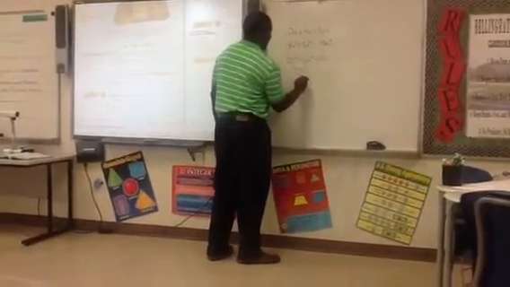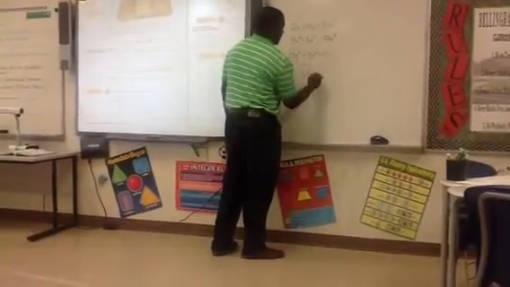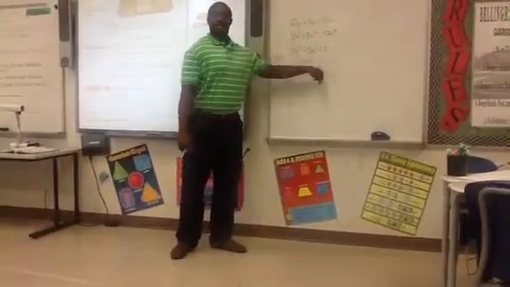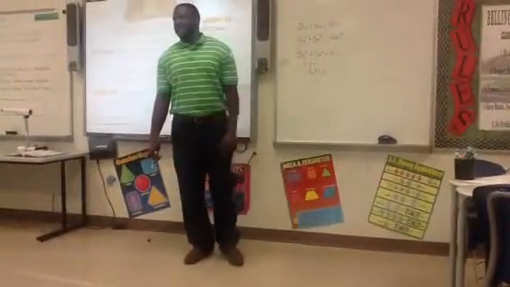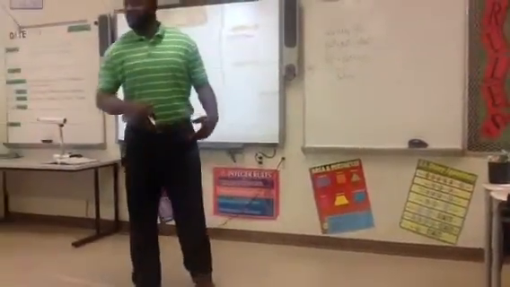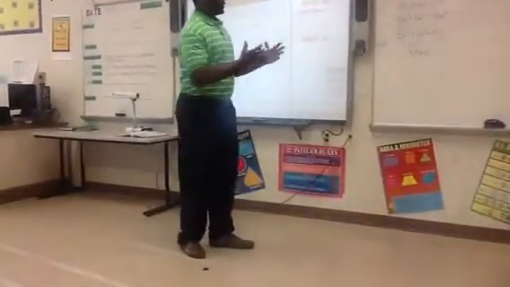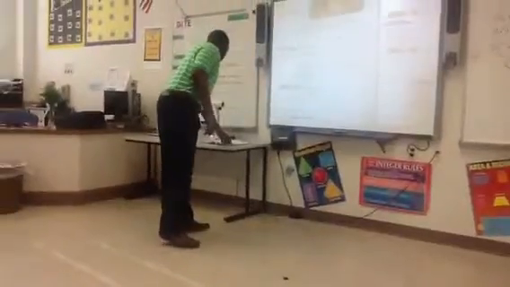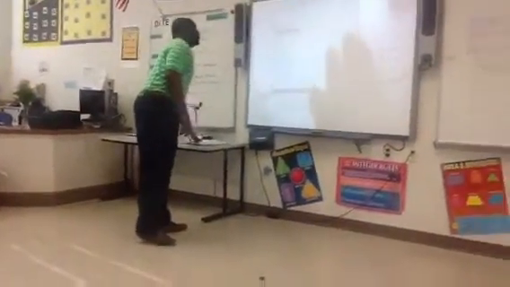We come up with 9a squared plus 10. Now, we can't add 9a squared plus 10 because the 10 doesn't have a variable and it doesn't have an exponent. So basically, we're trying to compare the two to see if we can add and subtract.